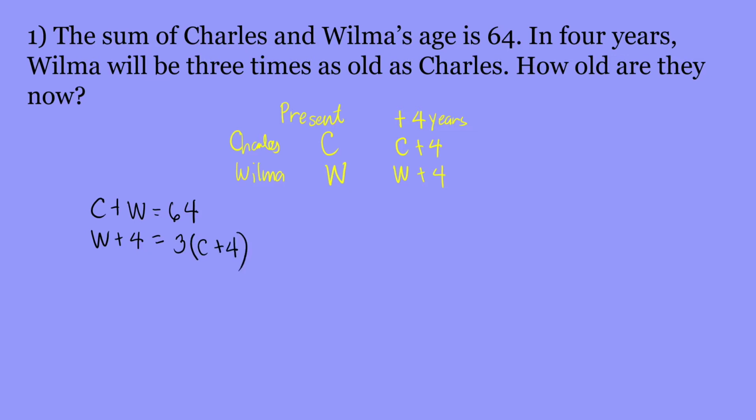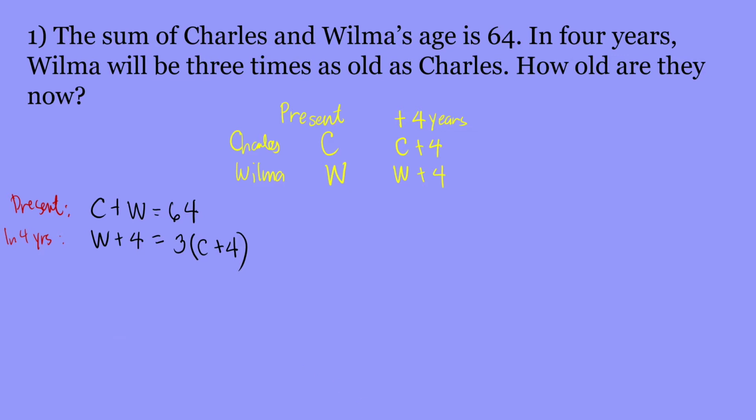So, we can see here that this is the equation that is being said for present, this one. And then, in 4 years, the relationship of their ages is that Wilma will be 3 times as old as Charles. Okay, so these are the working equations that we have.